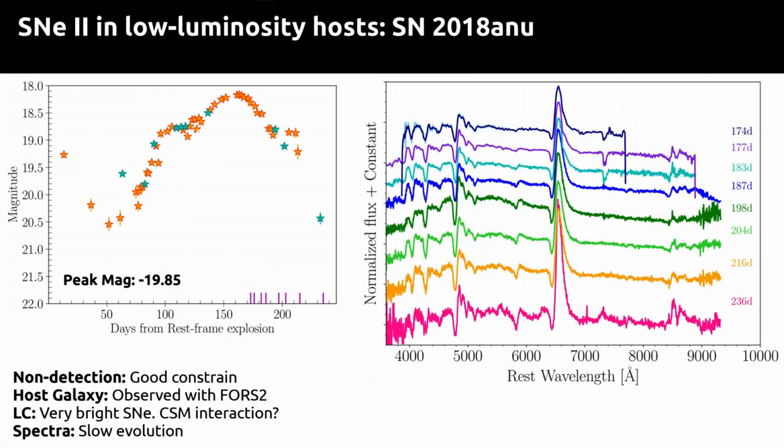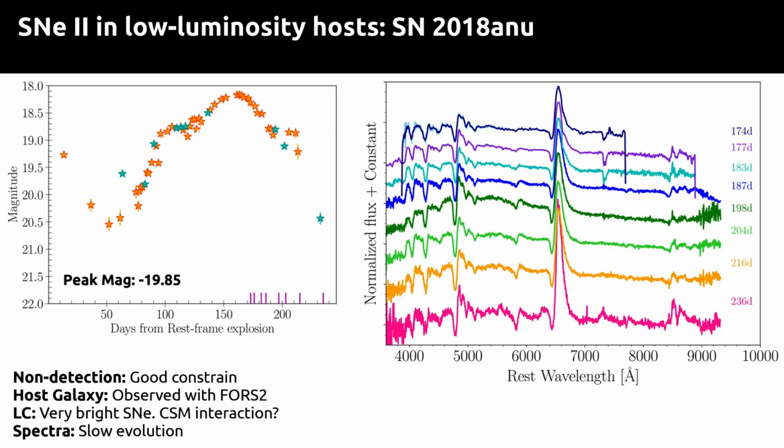This is a type 2 supernova. As you can see, the light curve is quite different from all the objects that I showed before. It has a decline, then goes up, has some bumps. The important part here is that we have the spectra after 174 days, and the first spectrum looks like a type 2 supernova a couple of weeks after peak.